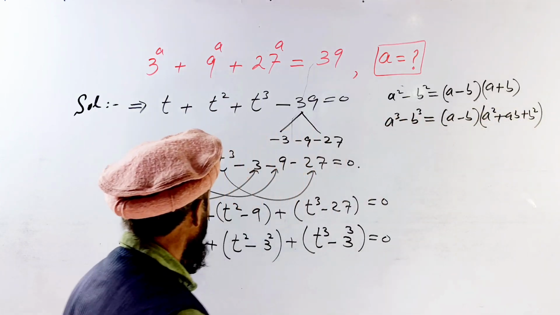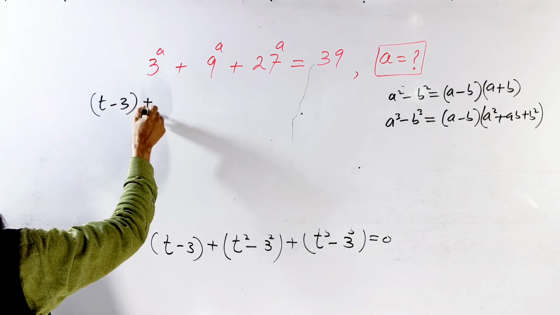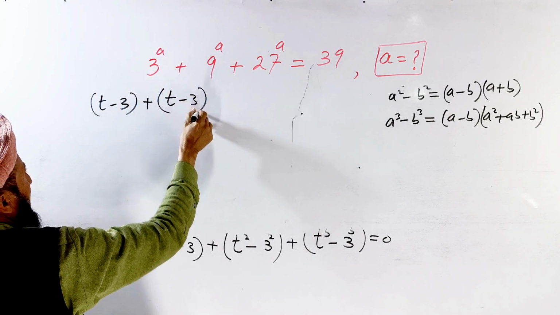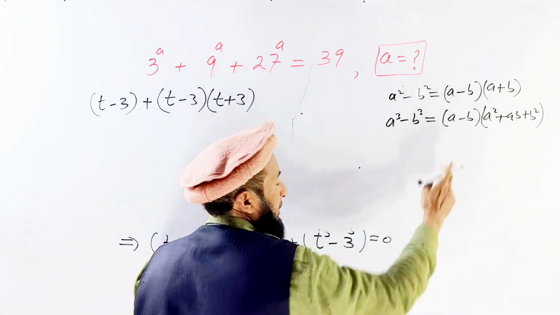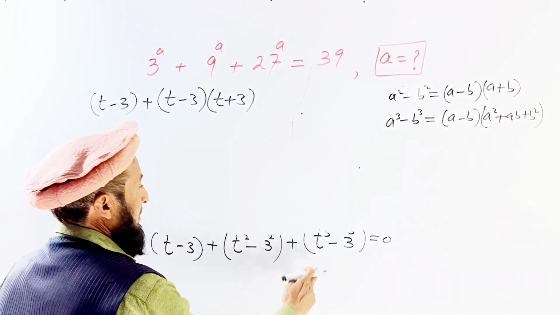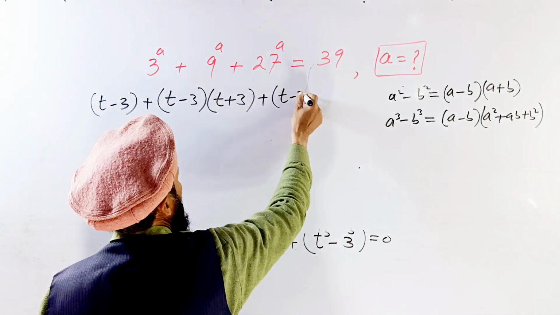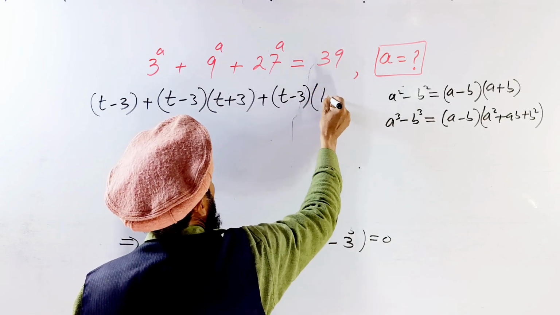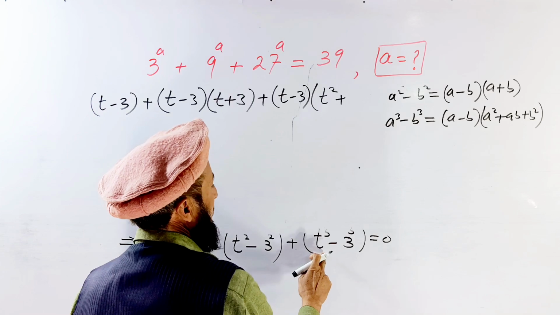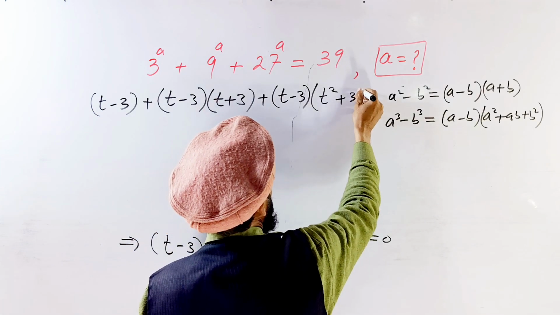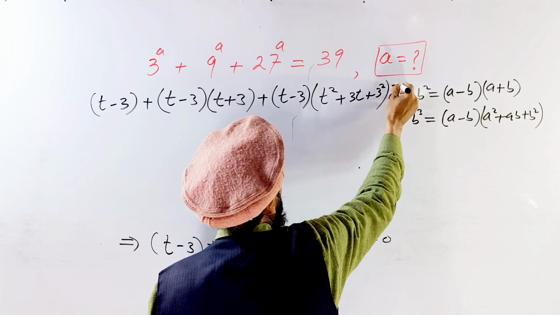According to these formulas, we open this as t minus 3, plus t minus 3 into t plus 3. Similarly, t cube minus 3 cube is t minus 3 into a square plus ab plus b square, where a is equal to t, ab is 3t, and b square is 3 square, which is equal to 0.